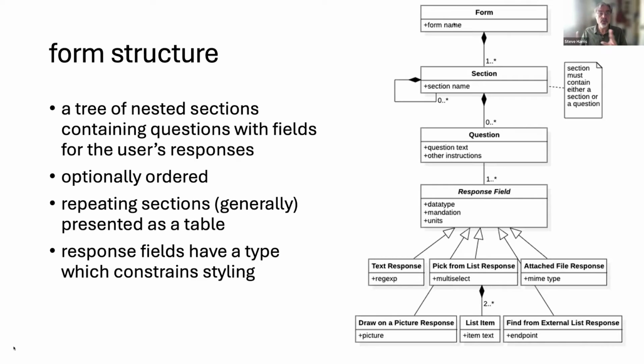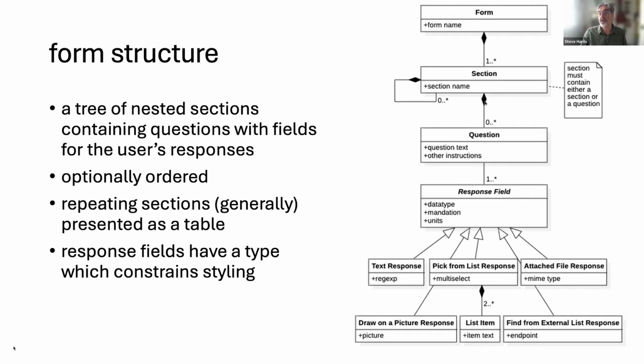So we've got nested sections. This structure says that a form is made up of a bunch of sections, which also have names. You must have at least one section, but you can have lots and lots of sections. And sections themselves can contain other sections. This little pig's ear, Nicholas calls them. I'd never heard that before, but this little self-reference that relates itself to itself allows you to have sections as trees.